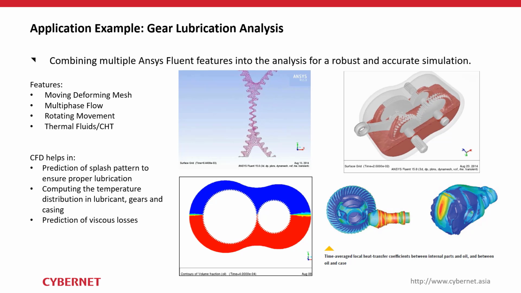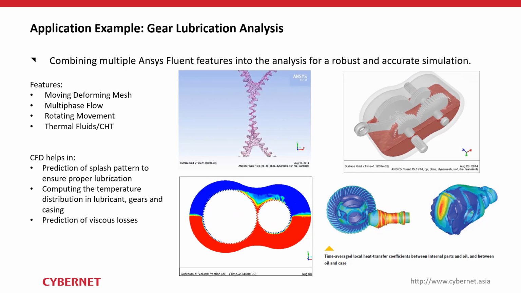In this case, it combines multiple Ansys Fluent features into the analysis, and therefore gives you a robust and also accurate simulation. The features being used for this particular analysis include the moving deforming mesh, multi-phase flow, rotational movement, and also thermal fluids or CHT, conjugate heat transfer analysis.